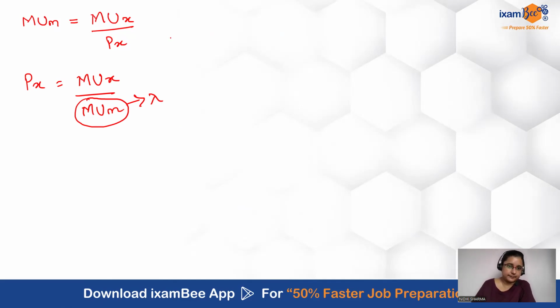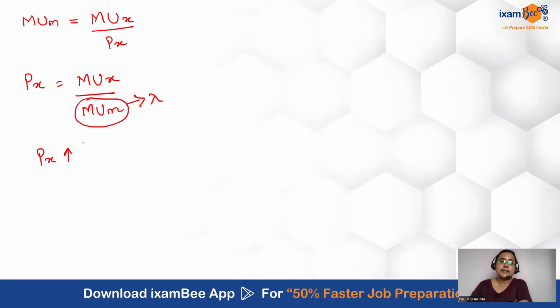Well, very nice. Now, I told you that we are going to derive the demand curve. How can we derive that? Let's move on to that part. Let us suppose that the price of commodity X has increased. That means PX is now higher.